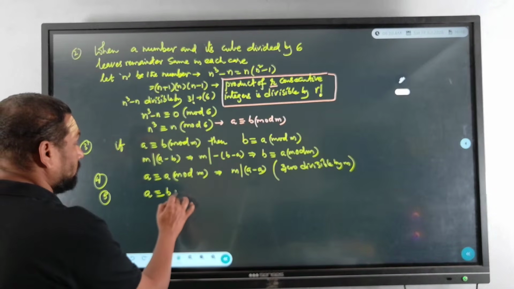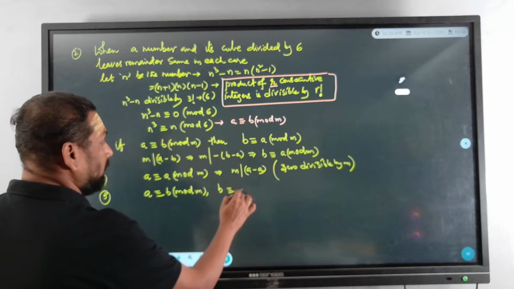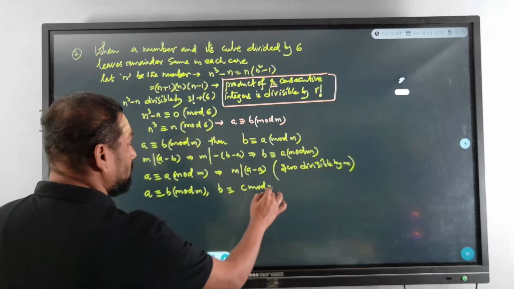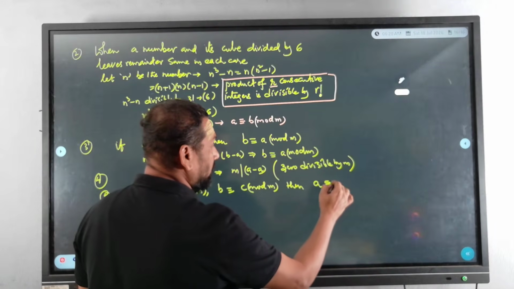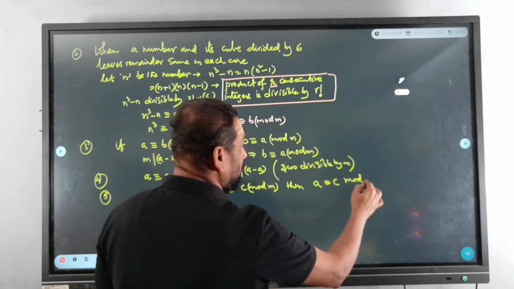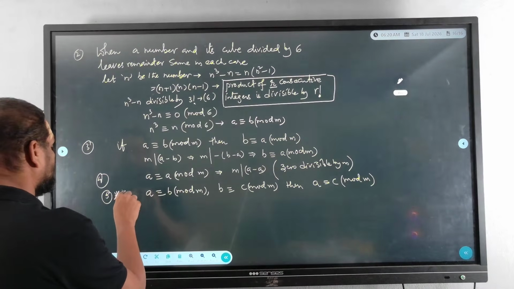A congruent to b mod m, b congruent to c mod m, then a congruent to c mod m. This is a very important property.